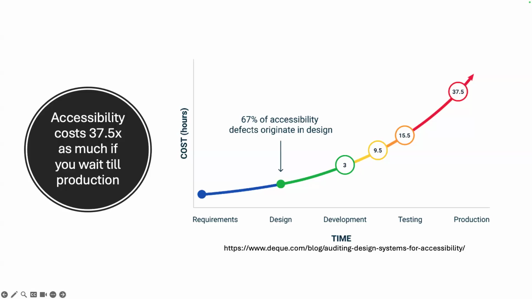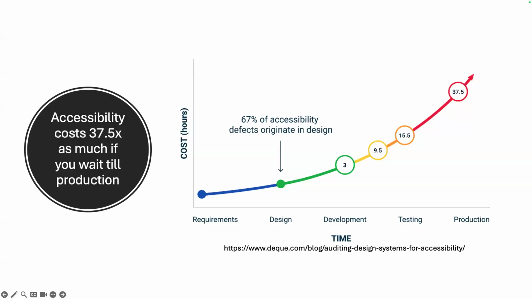An example of this would be if you are in the beginning steps of building your website or building a product, and you don't take 5 minutes to test if the colors you're using have sufficient contrast. If you have a process in place, you can just test the colors and then you know, okay, we shouldn't use these.